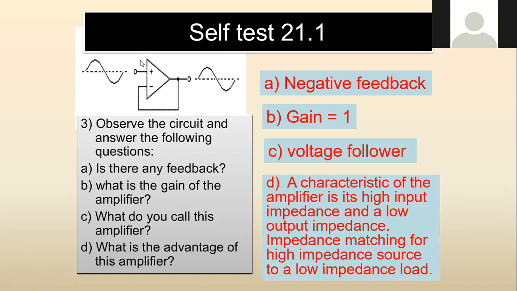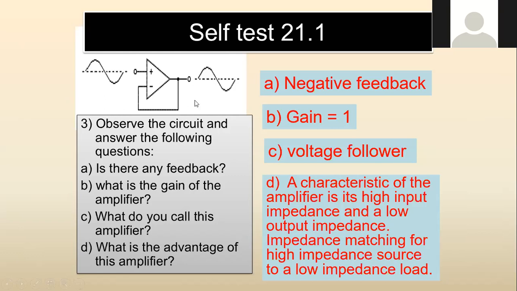Remember, of the amp: high input impedance, low output impedance. That's the advantage. If you have a load of low resistance and a source of high resistance, and you connect the source to the load directly, you have a problem.